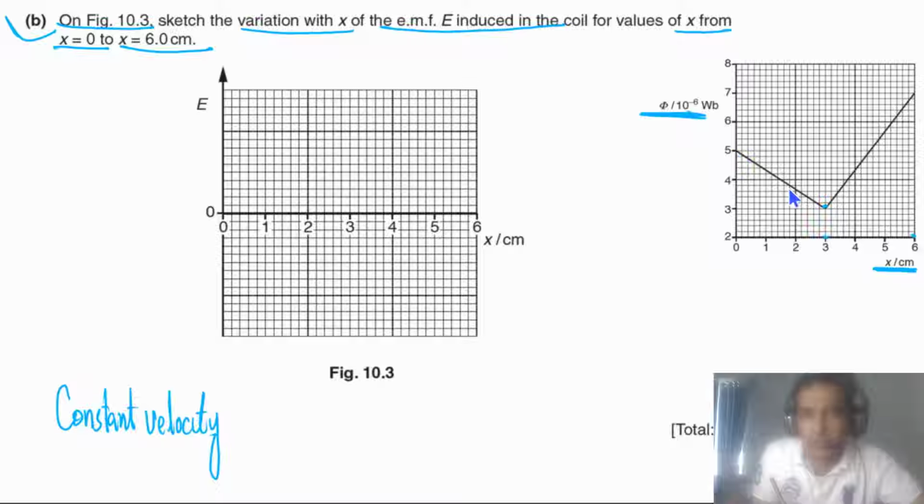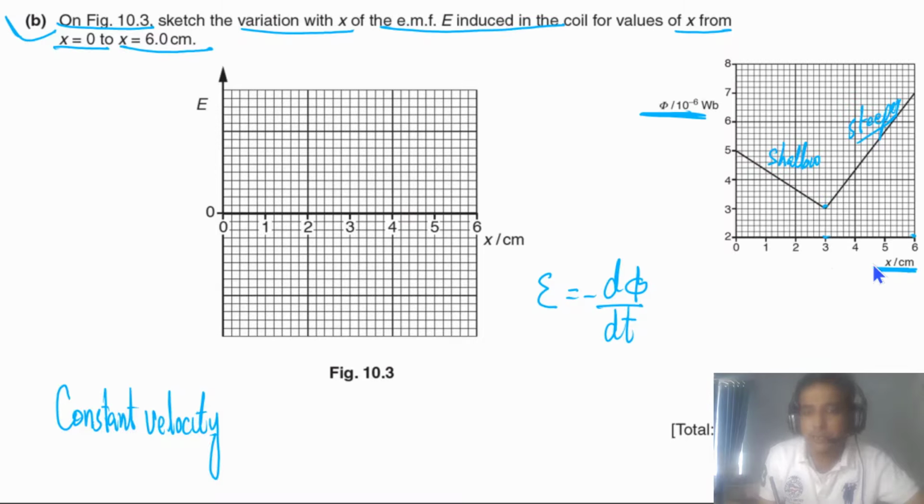Now if you look, this gradient is shallow because the time taken is the same, and this gradient is steeper, meaning there is a greater change in flux in the second part of this graph, from 3 centimeters to 6 centimeters. We need to sketch the graph between EMF and x. Again, EMF has to be equal to minus d phi by dt.